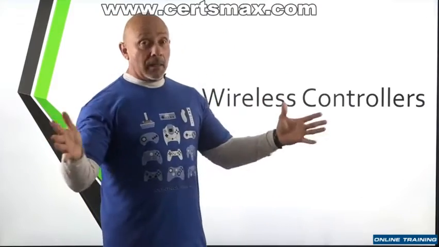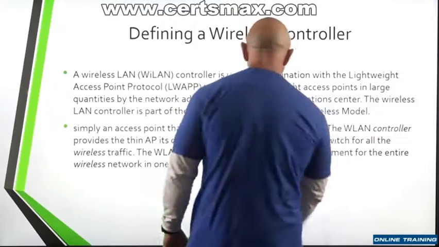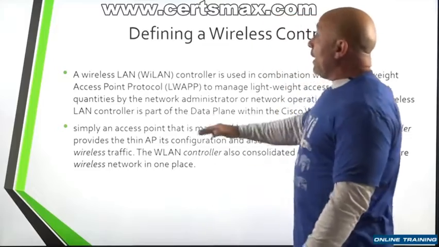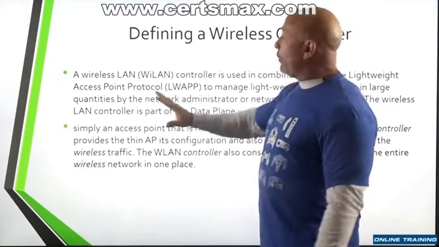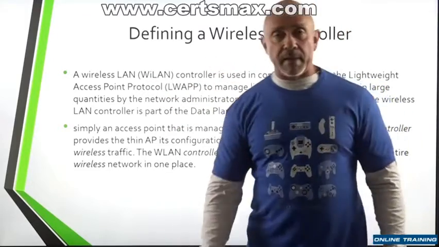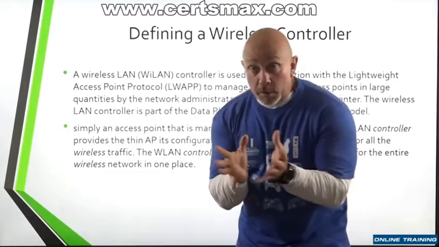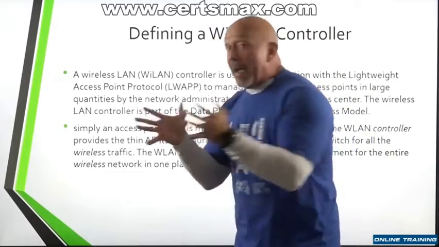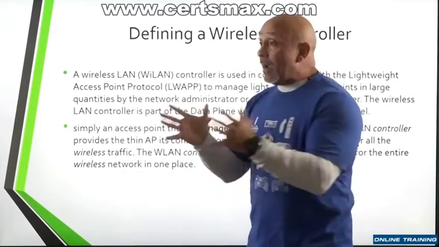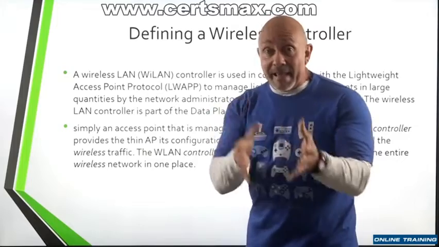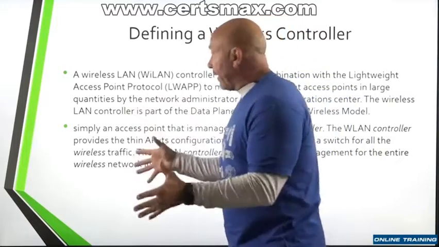So, wireless controllers. Before I even read this, because you can read this on your own: wireless controllers control the access point. They're the ones that actually give the access point all the configurations.